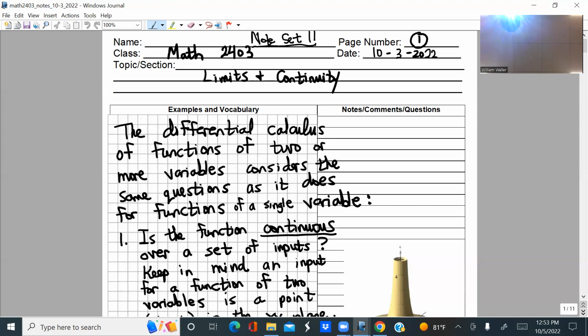We have to remind ourselves, what did continuous mean in calculus 1? You recall? Just in rough terms, what made a function continuous?